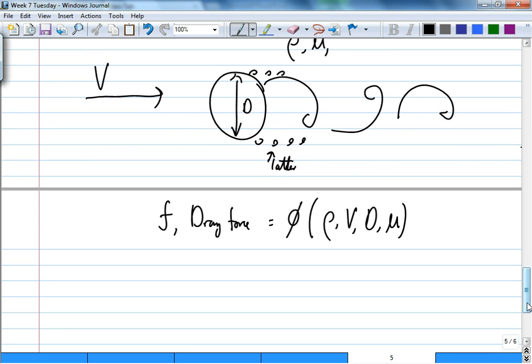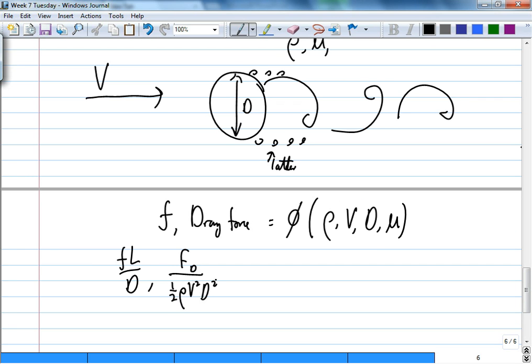If I were to do the dimensional analysis, I'll take a shortcut because I've done it already. F L over D is one of the output parameters. Drag force becomes F drag over half rho V squared D squared.